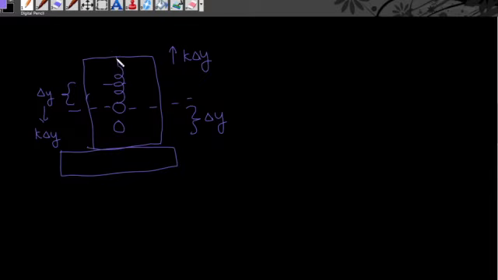So the box would be exerting that force of k delta y to keep the spring from detaching, which means a force of k delta y is exerted back on the box right when the spring is at its lowest position. And using the same logic, a force of k delta y would be exerted upwards on the box when the spring is at its highest position, I think.